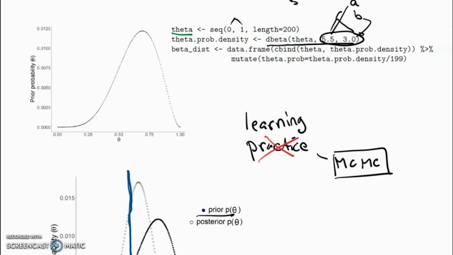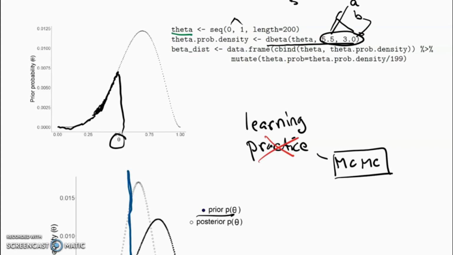If I look at these values of theta, the proportion of the Earth covered by water, you can see that for values less than 0.5, there's a positive non-zero probability that the proportion of the Earth covered by water is less than 0.5.